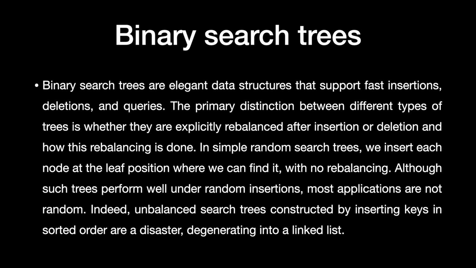Also, such trees perform well under random insertions. Most applications are not random. Indeed, unbalanced search trees constructed by inserting keys in sorted order are a disaster, degenerating into a linked list.